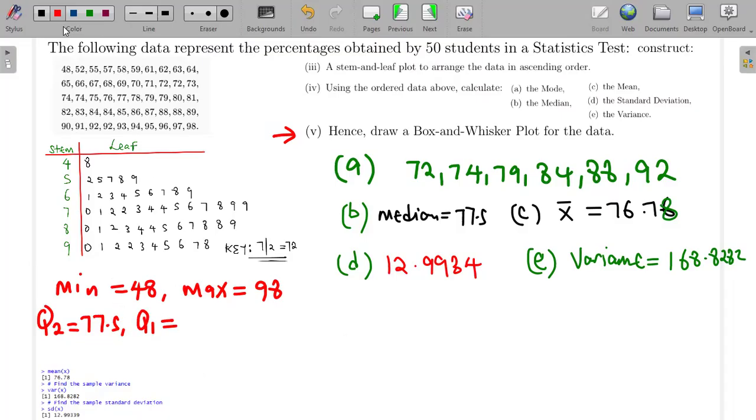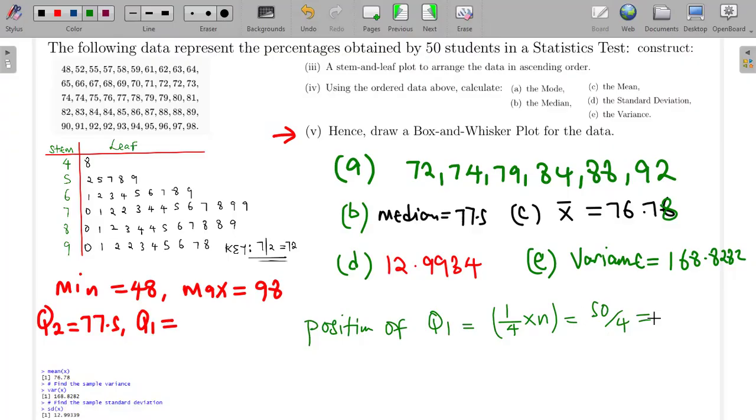Then we need the Q1. How do we find the Q1? The position of the Q1 will just be equal to 1 over 4 times n. That's the position. So this is 50 divided by 4.